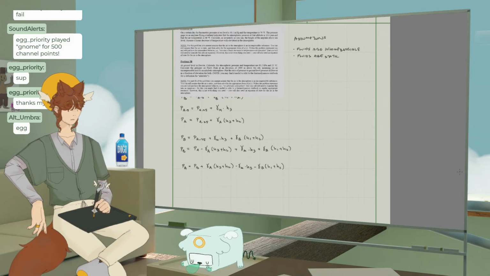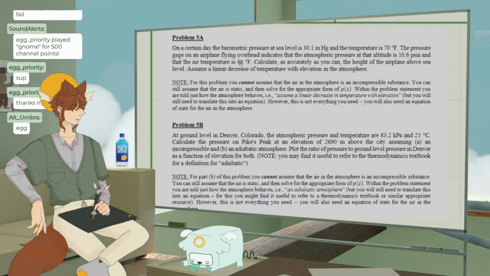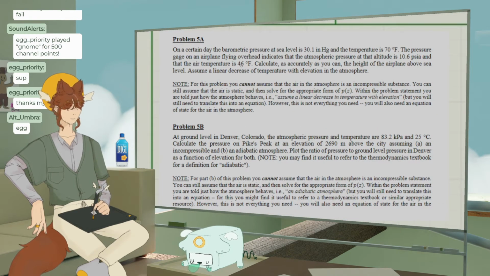Okay, so we just have to choose one of these. So we can have the height of an airplane with a linear decrease in temperature question. So they're both about incompressible substances for the air, which is good because I wanted to do a problem about that.